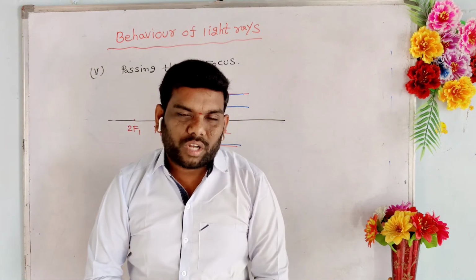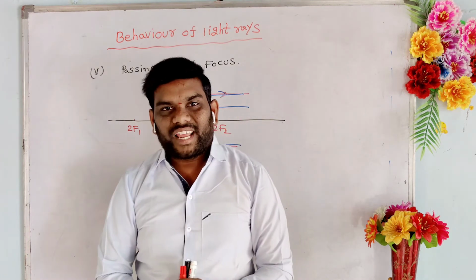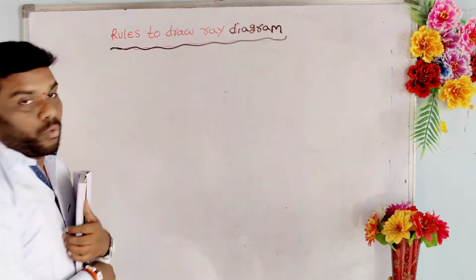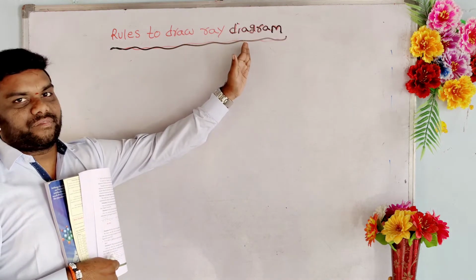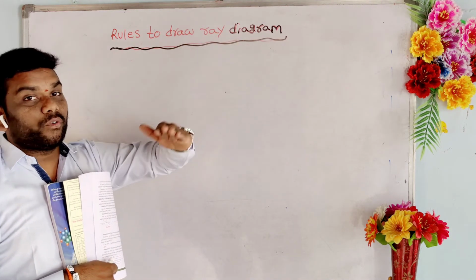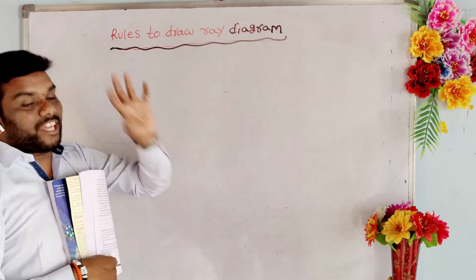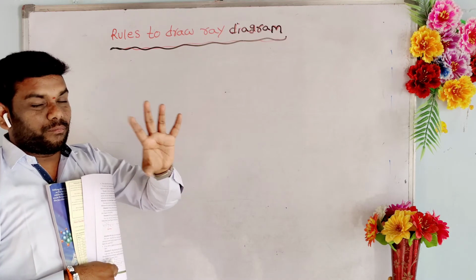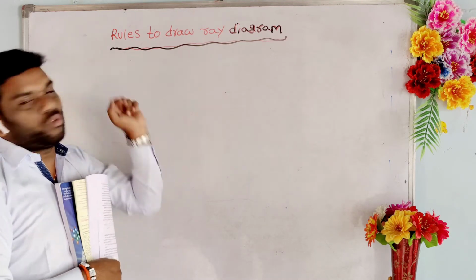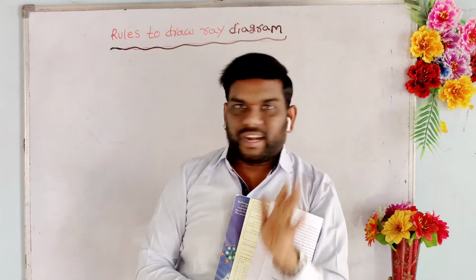Now, how to draw the ray diagram for a convex lens? Let us start. Okay students, how to draw a ray diagram. Before you draw a ray diagram, you must remember the rules. The rules are very important for drawing ray diagrams.